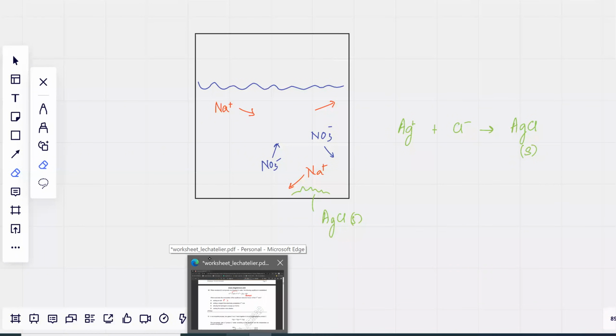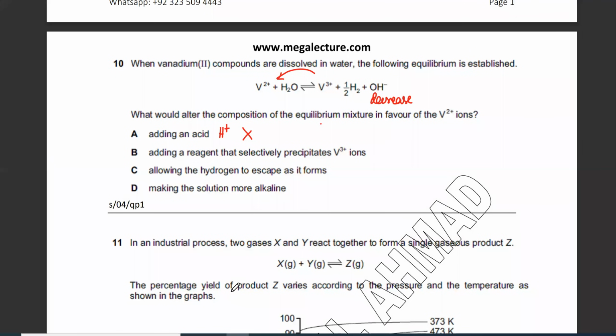But for that, you have to remember which compounds are soluble and which are insoluble. Now in this question, he's saying that you're adding a reagent that selectively precipitates V3 positive ions. You might add some other substance, like NaOH. That could be your reagent. The NaOH is soluble, so it's going to contain OH ions floating in water.